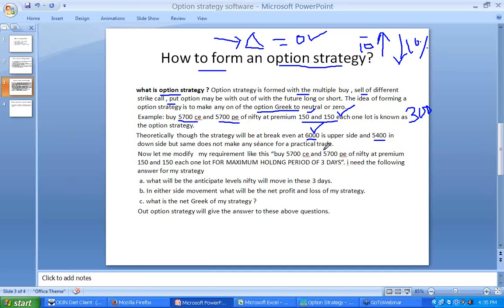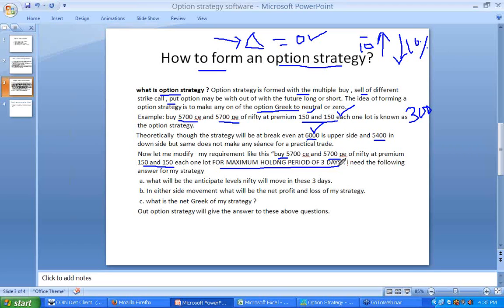So let me modify my requirement. Say I am buying this 5,700 call option and put option of Nifty at a premium of 150 each, one lot, and for a maximum holding period of 3 days. Yes, let me buy this, but I am going to hold a maximum of 3 days. Then my analysis becomes complex.